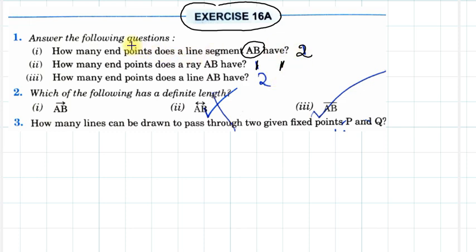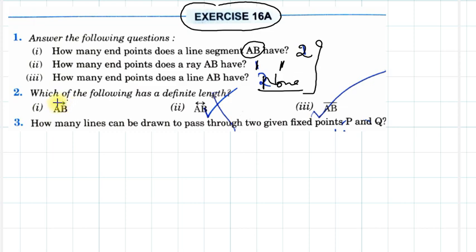How many endpoints does a line AB have? It has none. So our answer here would be none. Right? We have learnt all this in the previous pages. Which of the following has a definite length? Does line AB have a definite length?